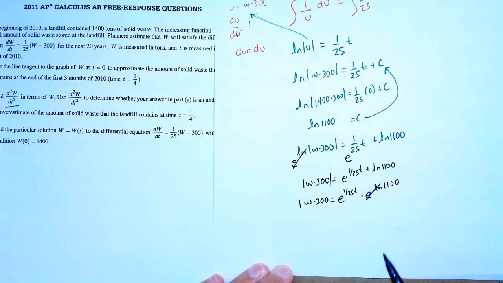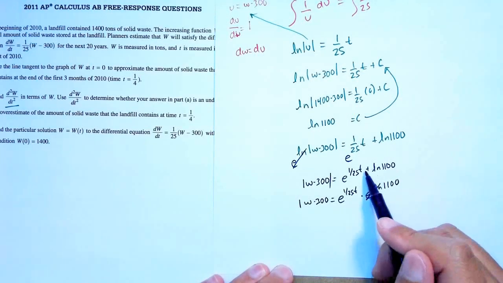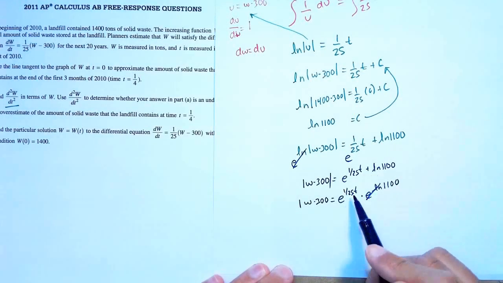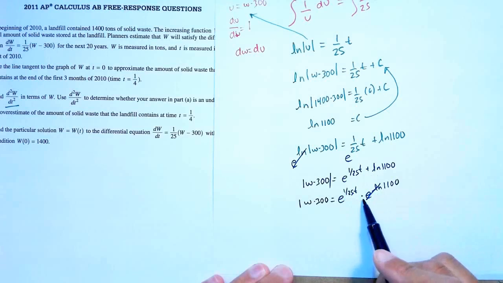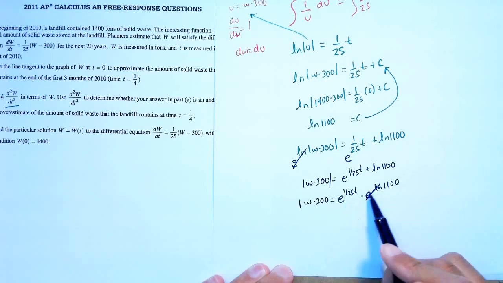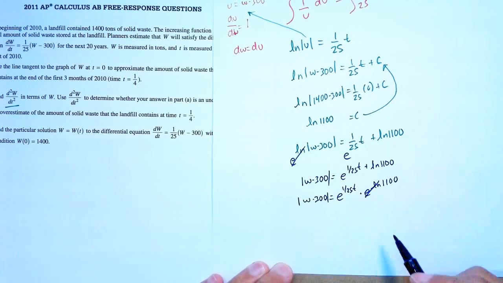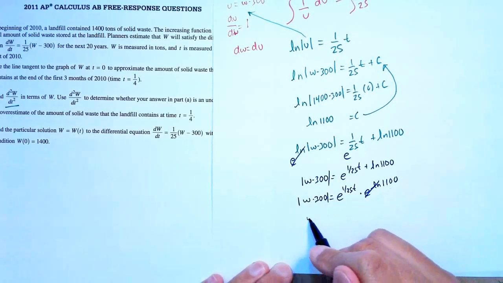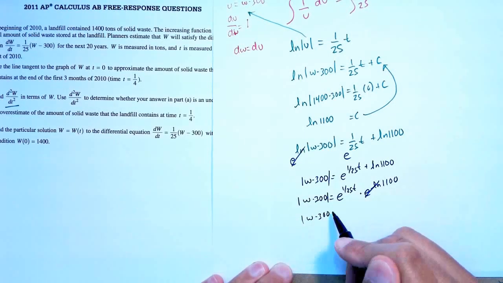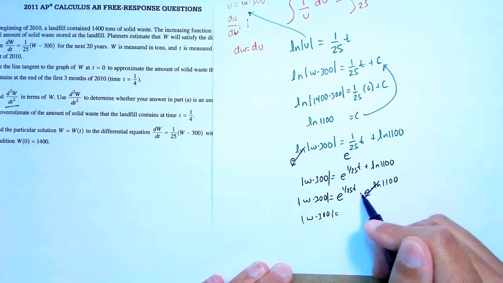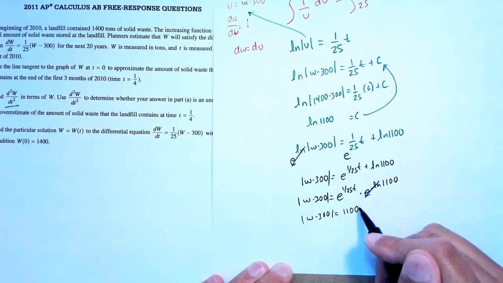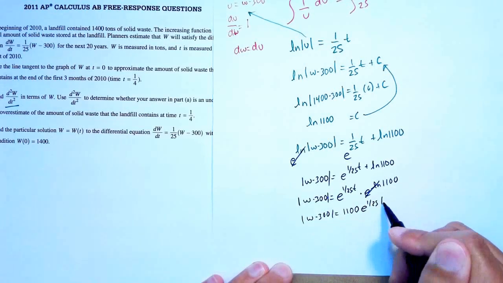And the reason why I'm able to do this, by the way, is because whenever you're adding exponents, that means you can break up the bases, so that's multiplication. How do you know that? Two things being multiplied means the exponents get added. That's exactly what I did there. And then my last thing is I'm going to bring 1100 down, and because it's being multiplied, I'm going to have 1100 e to the 1 over 25t.